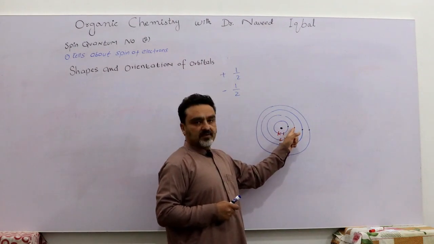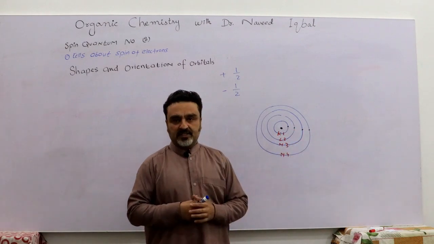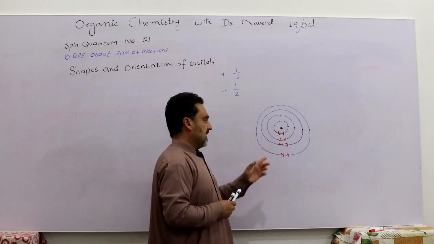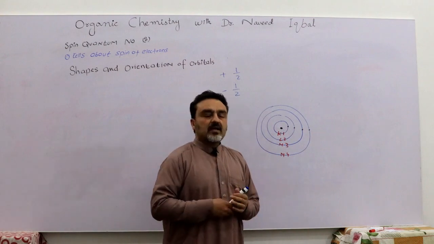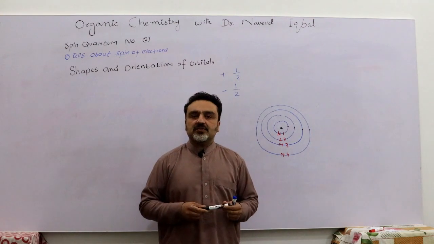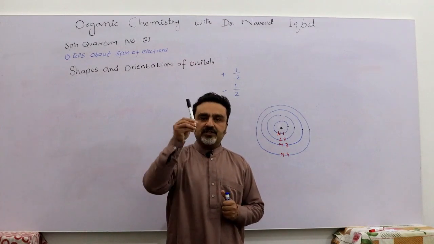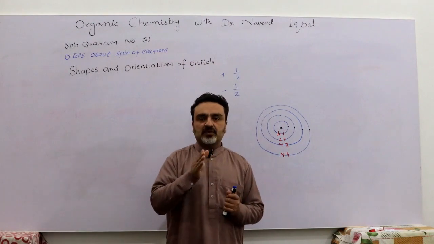In the L shell, it's a little bit farther away, in the M shell it is farther away, and in the N shell it is much farther away from the nucleus. So its position relative to the nucleus is different. But the spin quantum number just tells us about the spin of an electron, whether it's up or down. So it doesn't tell us about the position.